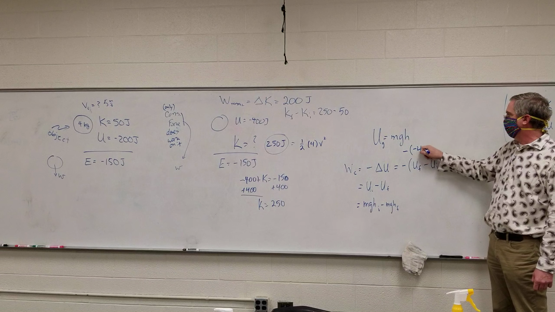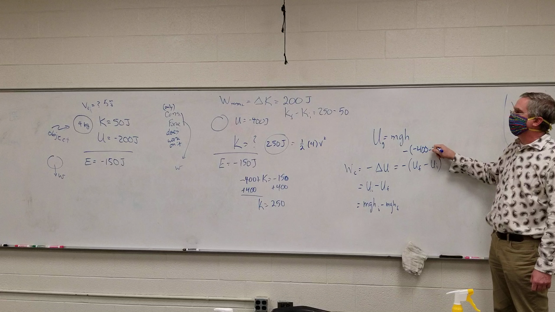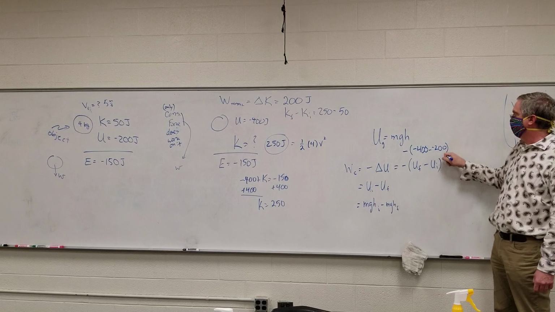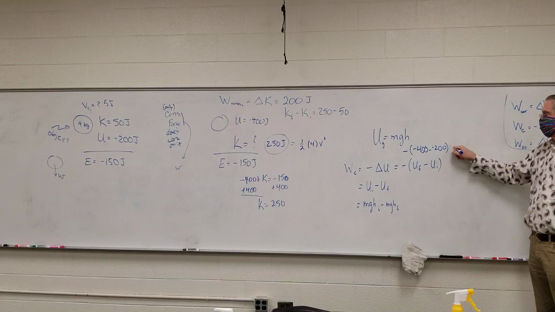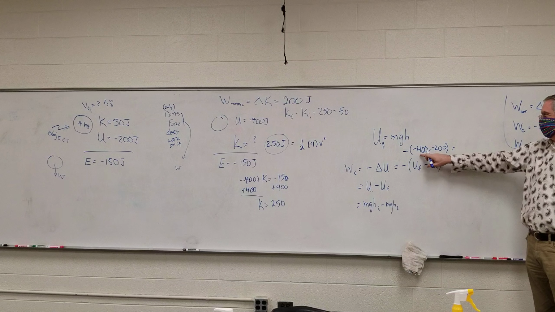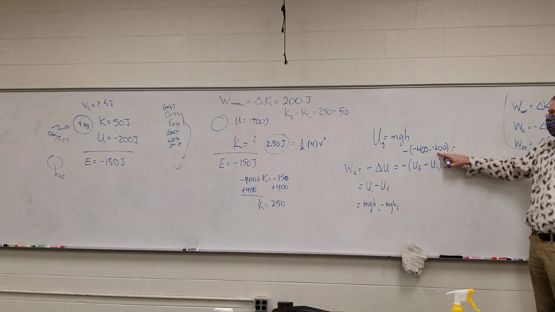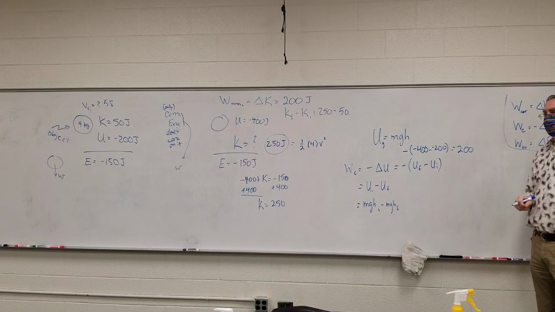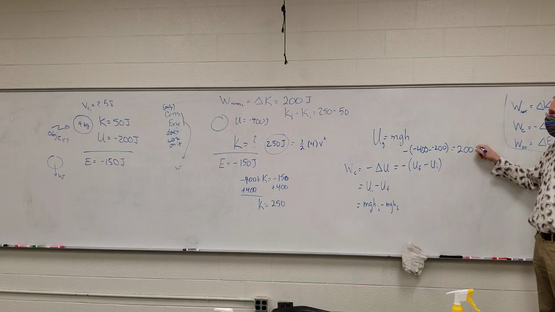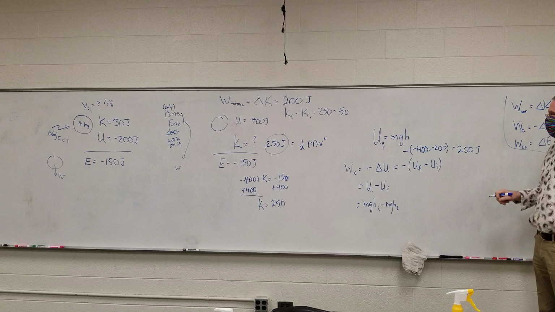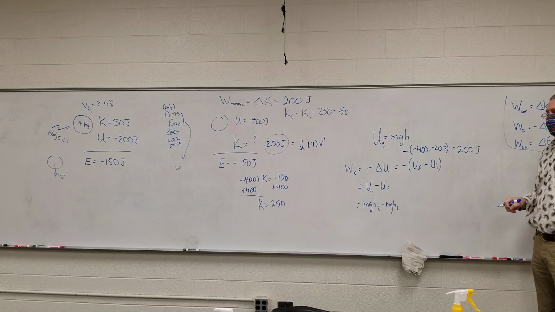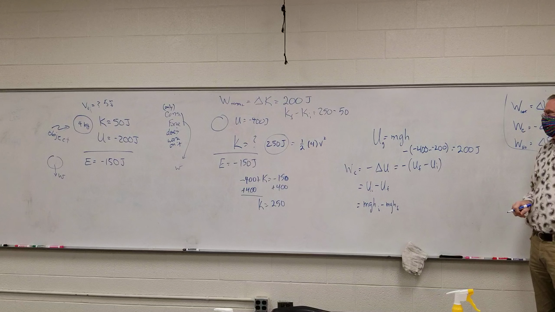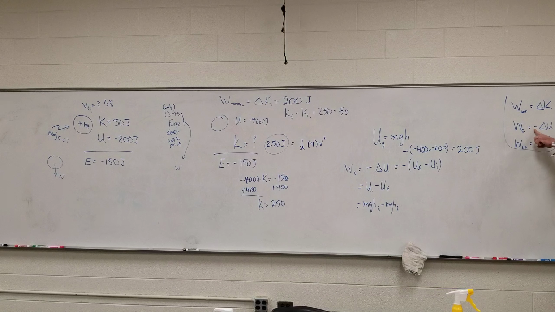Negative 400 minus negative 200. So that's negative 400 plus 200, which is negative 200, and then the negative in front makes the whole thing 200. So in the formula, the negative is always there? Yeah, the negative is always there. Okay.